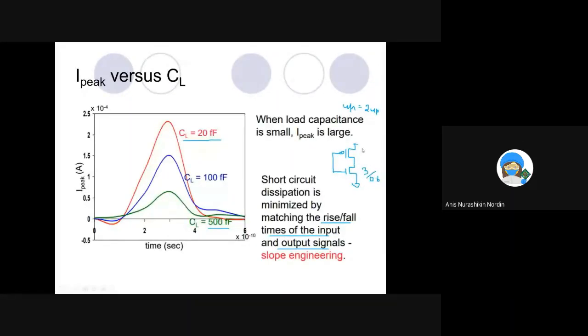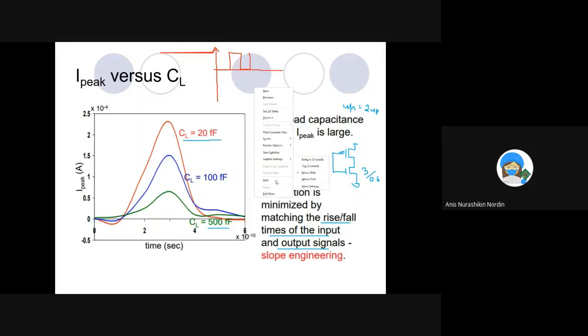Why do you make it bigger? Why do you make it 6 over 0.6? Because PMOS is lower, the mobility is lower. When the mobility is lower, what happens if we don't make the size the same? So let's say you have your input. We did the waveform in the lab, right? Let's change color.